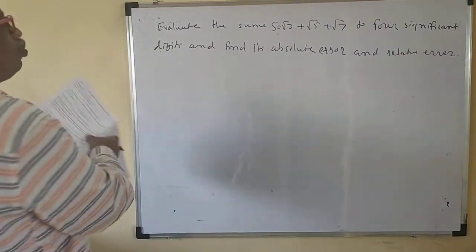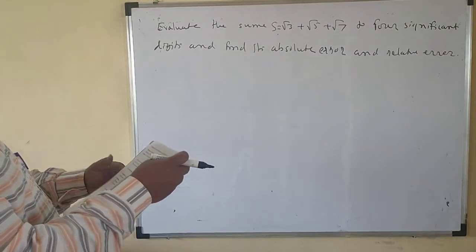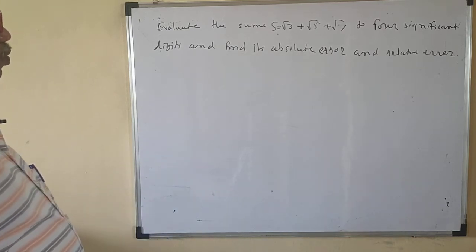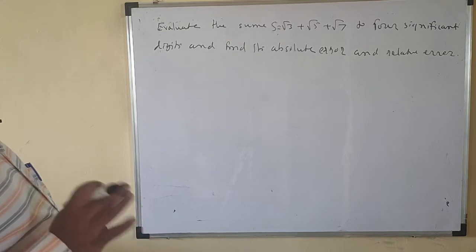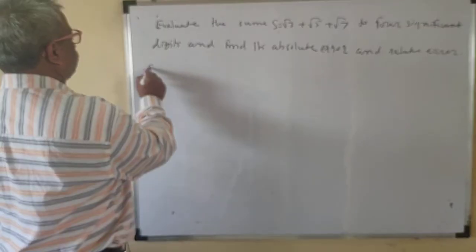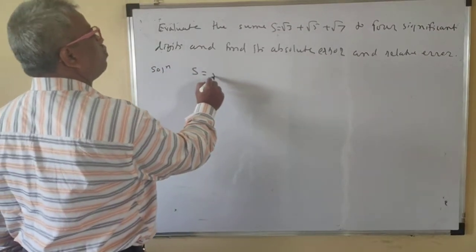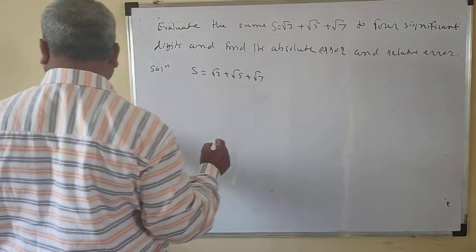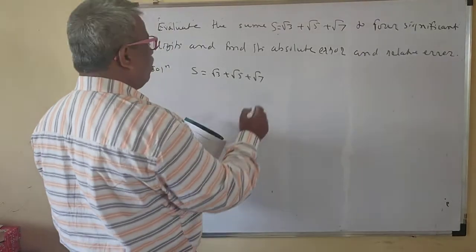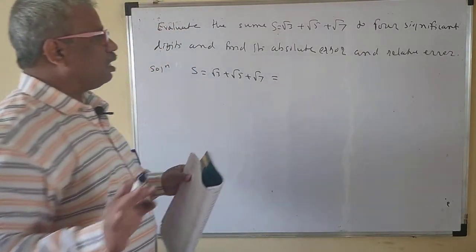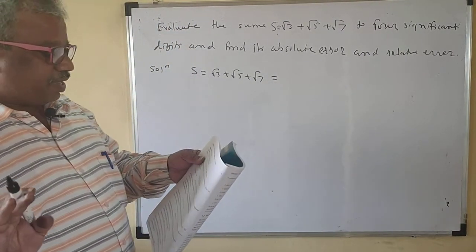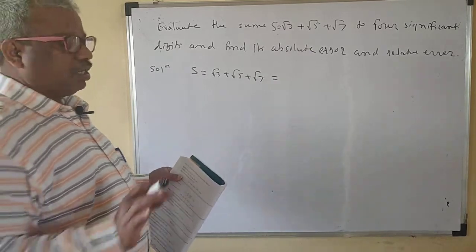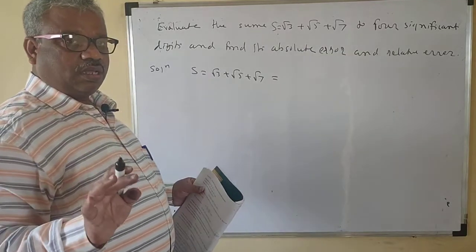So what here? Root 3, root 5, root 7. You have to find the value of these with the help of a scientific calculator. Solution: S is equal to root 3 plus root 5 plus root 7. I will use the calculator, and you have to take 4 significant digits from the calculator.